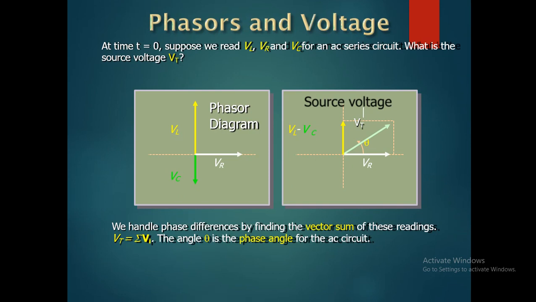Here we can see the phasor diagrams also, as we discussed in the previous slide. When compared with the source voltage, the vector sum of all voltage drops according to KVL must be equal to the source value. This phasor diagram indicates VR, and VL minus VC, and the vector sum of these two will be the source voltage.